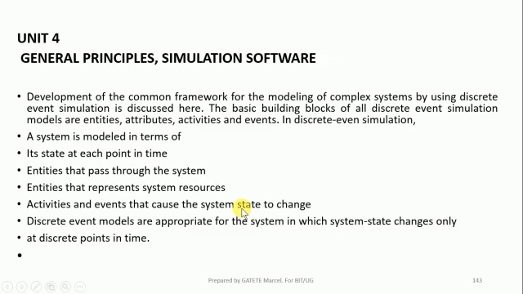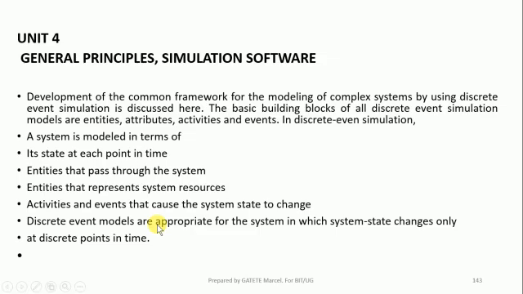It means that when a new customer comes, that is an event. When a new customer comes, the total number of customers changes, it increases. So the system state also changes. This discrete event model is appropriate for systems in which the system state changes only at discrete points of time.